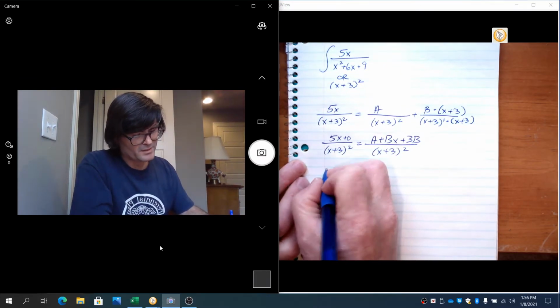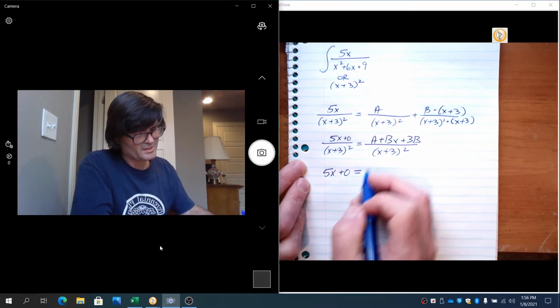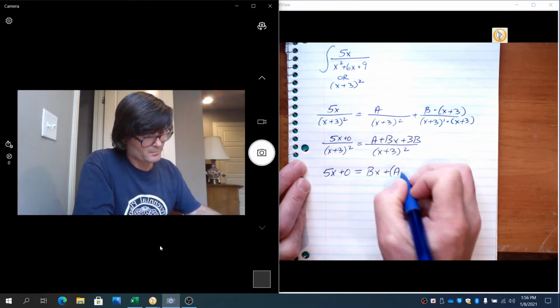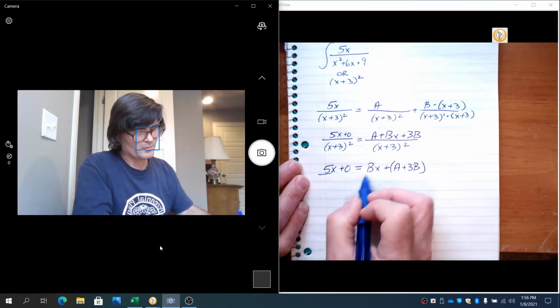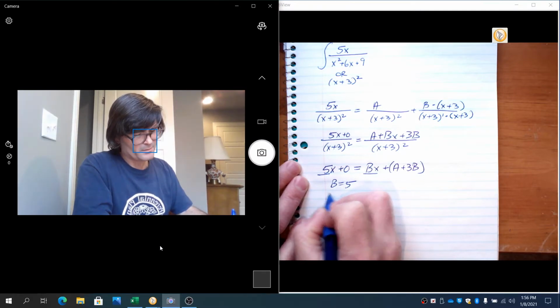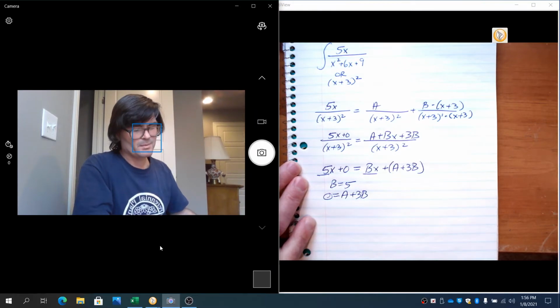And we can now say the bottoms are the same, and thus the tops are the same. 5x plus 0 equals Bx plus A plus 3B. So these go together. B equals 5, and then 0 equals A plus 3B.